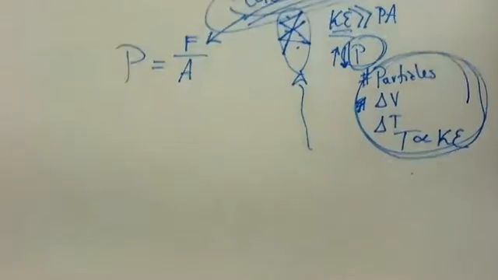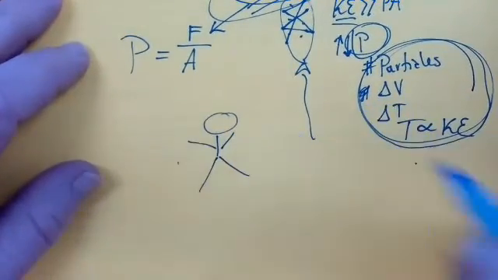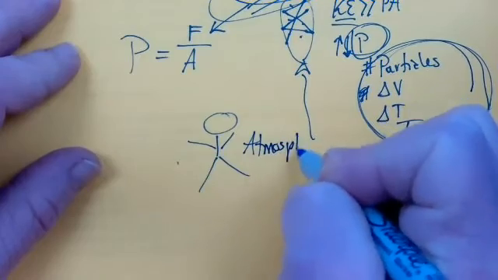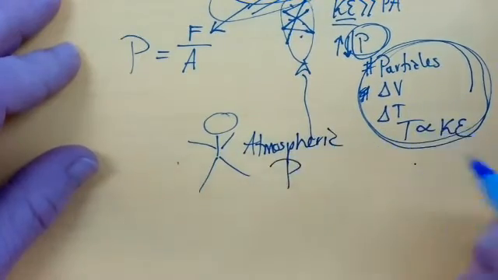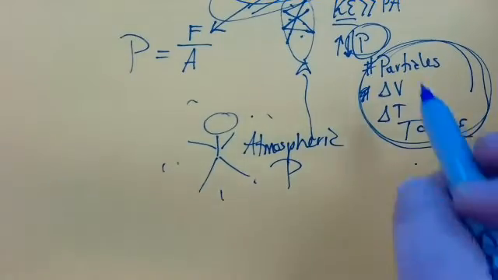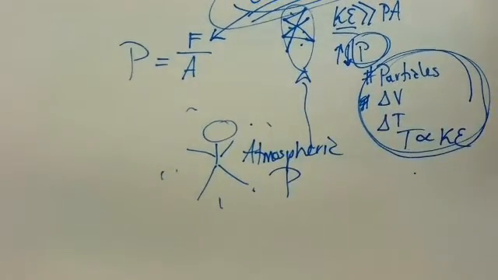All right. Well, ever since you were born, you have experienced atmospheric pressure. We're surrounded by nitrogen and oxygen and other gases, and they are behaving like this on us.